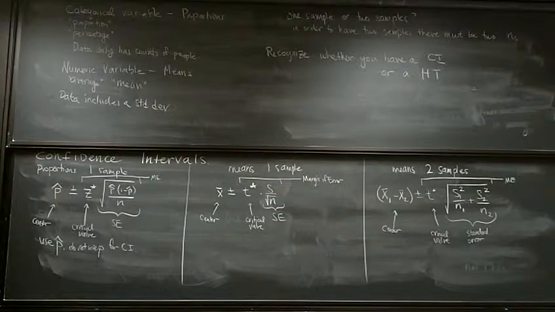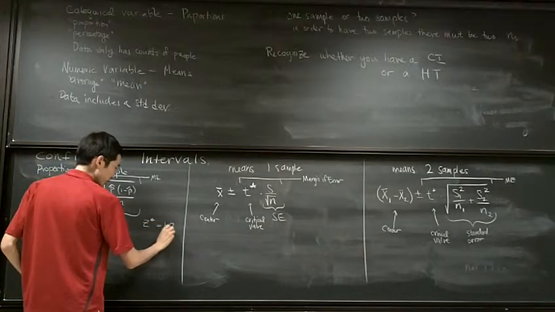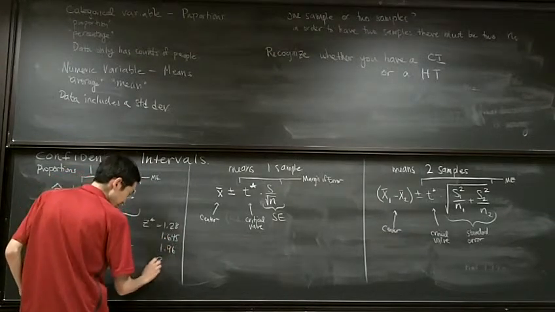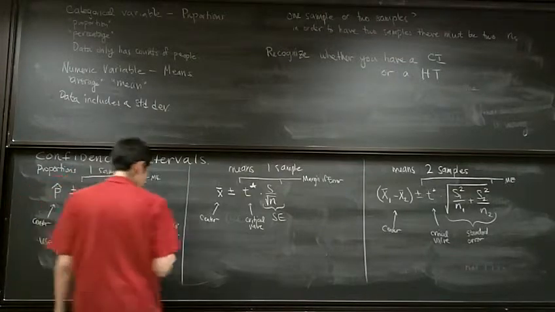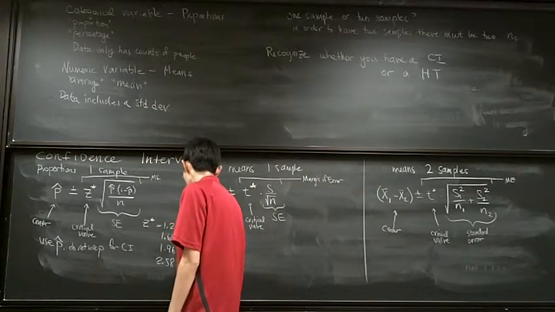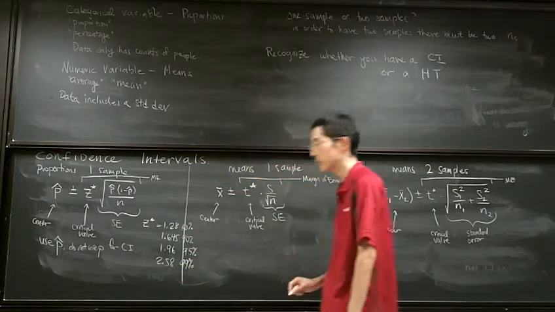There are four numbers that you should have written down on your card or have memorized: 80%, 1.28; 90%, 1.645; 95%, 1.96; 99%, 2.58. So Z star is 1.28, 1.645, 1.96, or 2.58, depending on the problem, for 80%, 90%, 95%, or 99%. That's how we determine Z star.